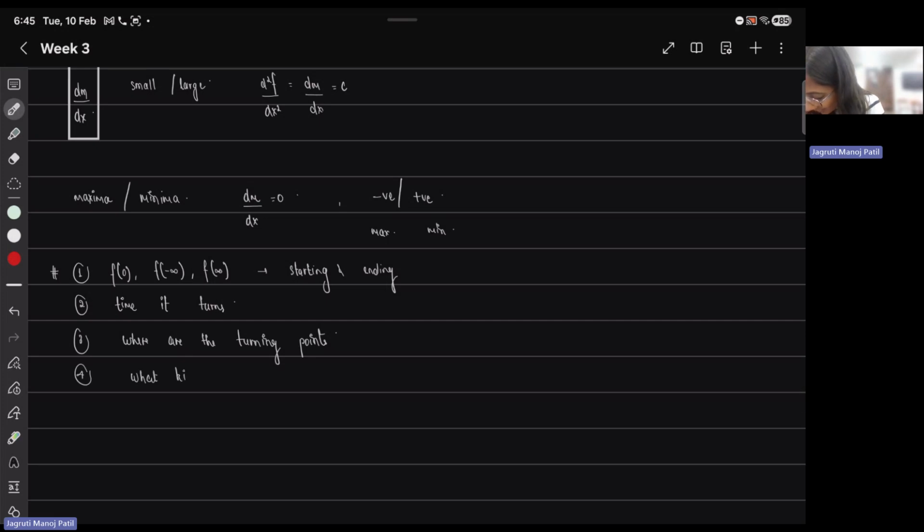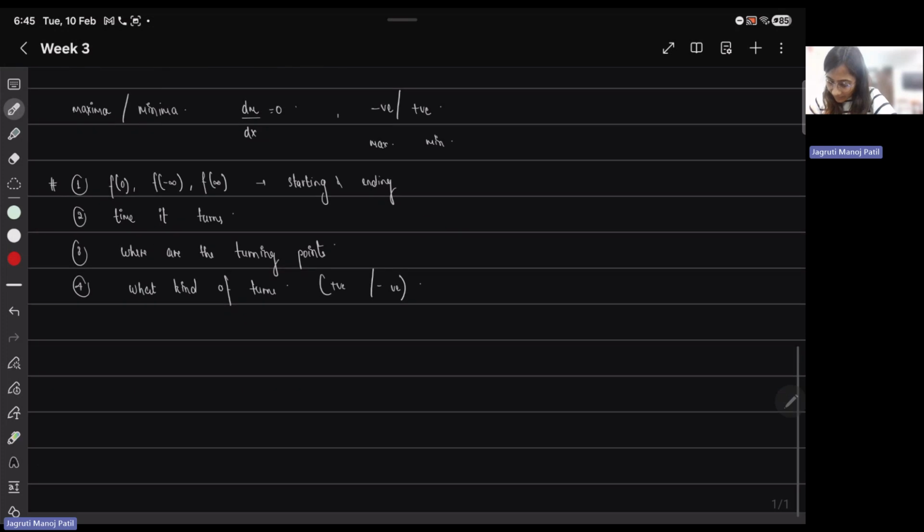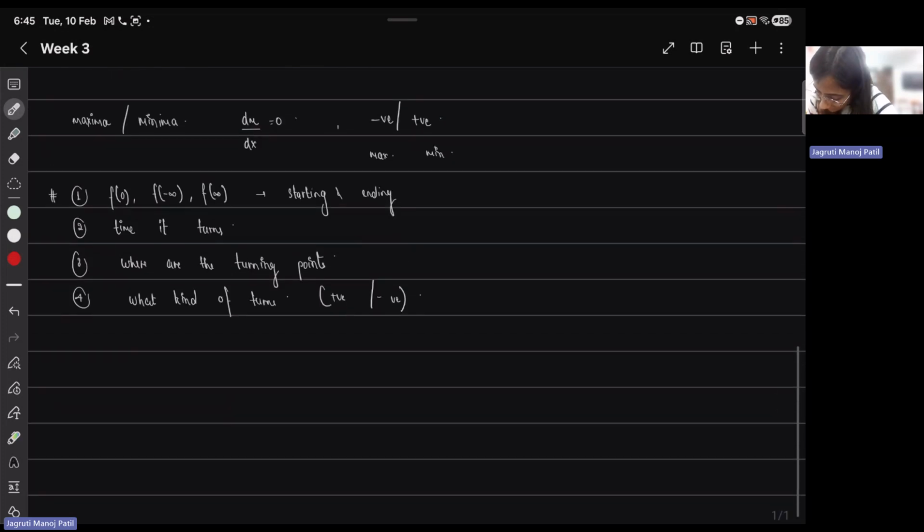In this case, we only have two options for what kind of turns, and I suppose you all know at this stage that it can either be positive or negative. Let's take an example from what was being taught in class.